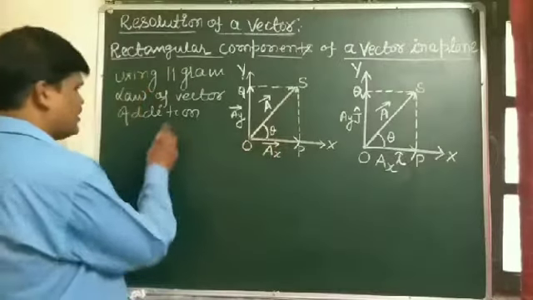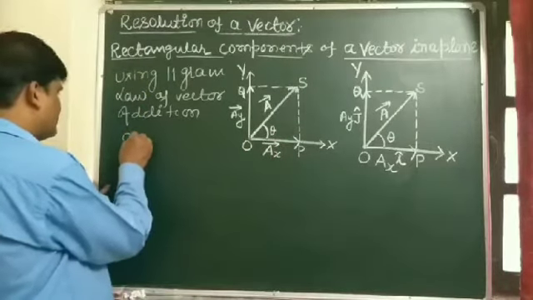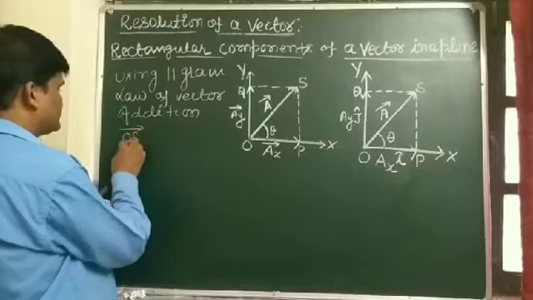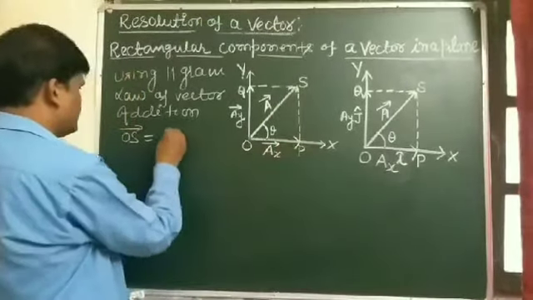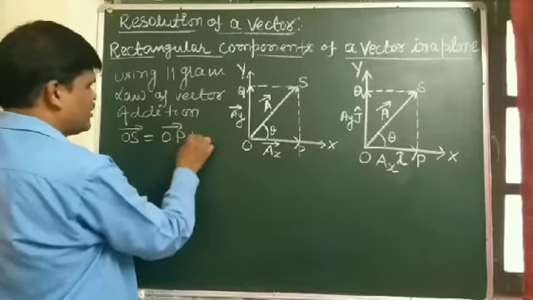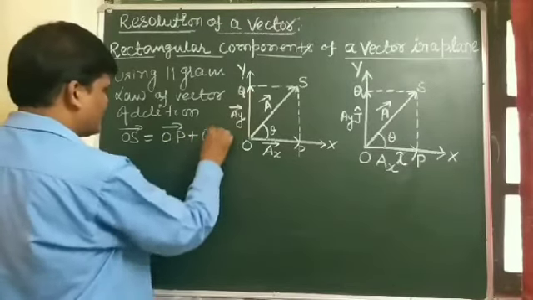So here, already you know the parallelogram method of vector addition, so OS vector can be written as OP vector plus OQ vector.